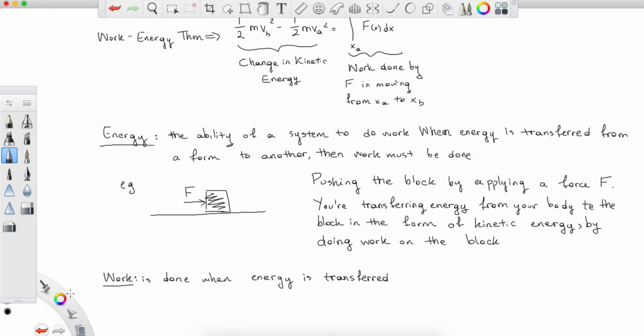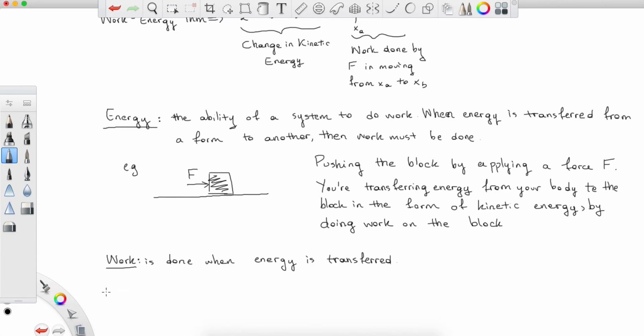Finally, let's look at kinetic energy, which is the final main concept in the work energy theorem. So what is kinetic energy?